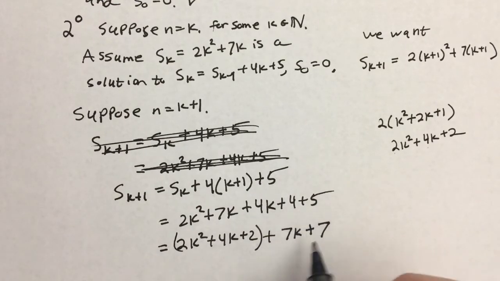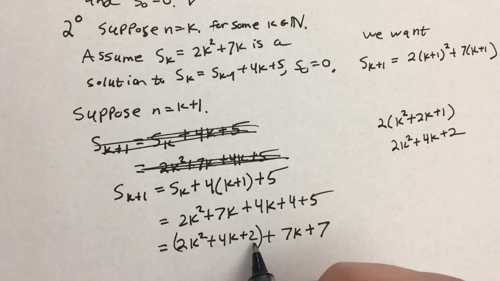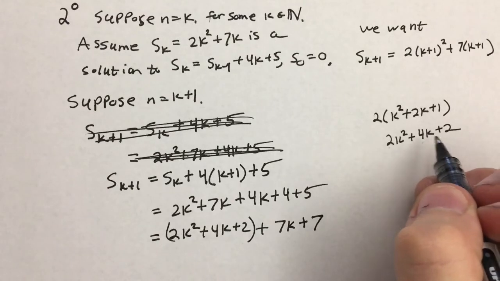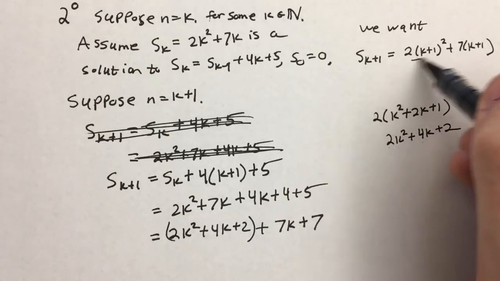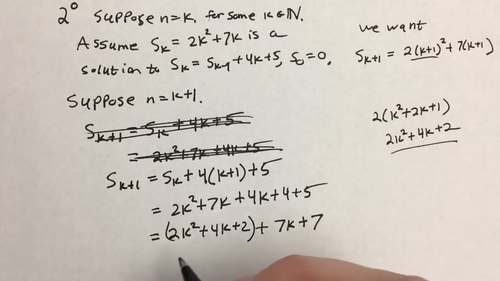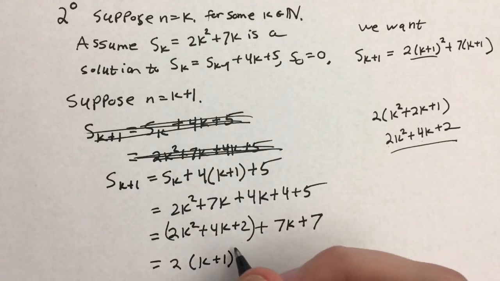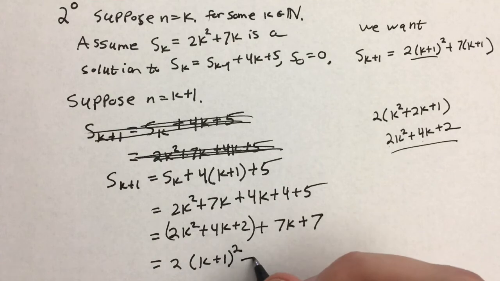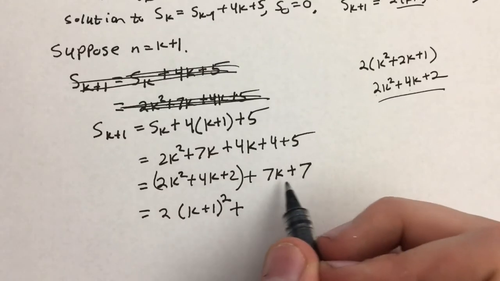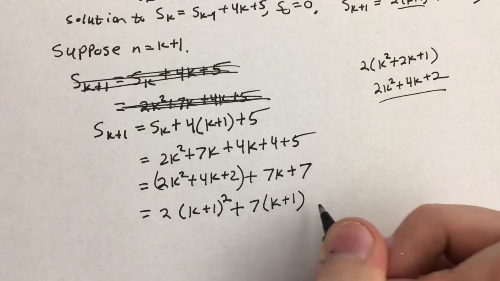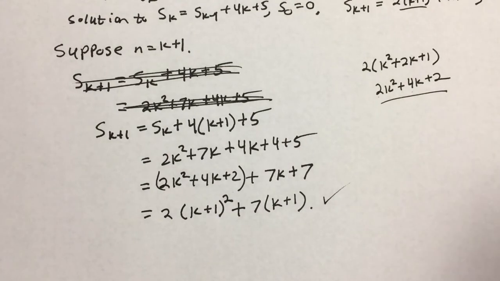Because we have 9 here, but we're going to take 2 over there, right? And over here in our scratch work, we agreed that these are equal, right? So this is just 2 times k plus 1 squared plus, and then hey, look what we have here. We have a 7k plus 7. We pull a 7 out of that. That's k plus 1. That's exactly what we wanted, right?